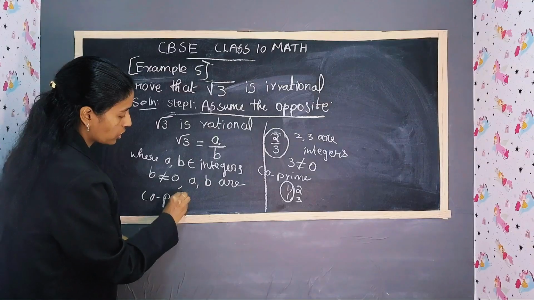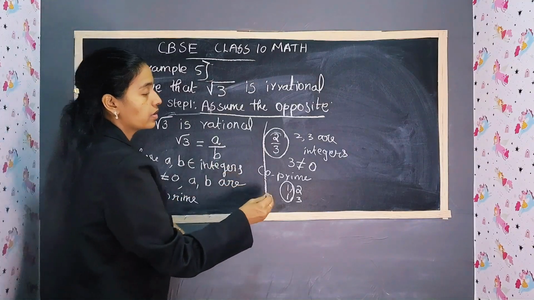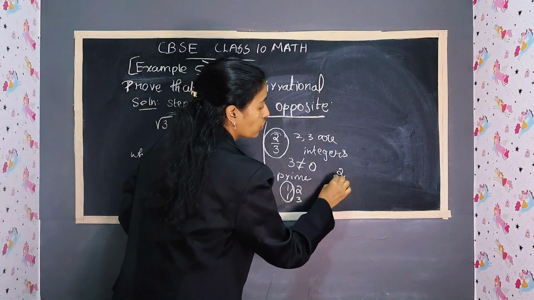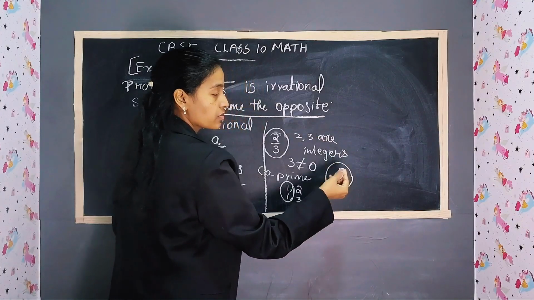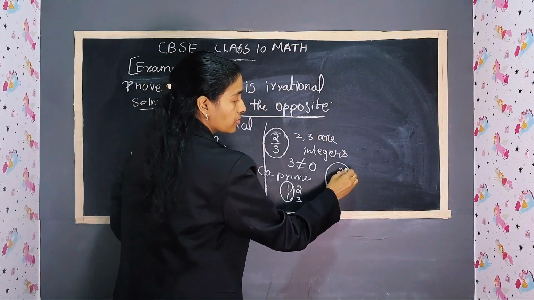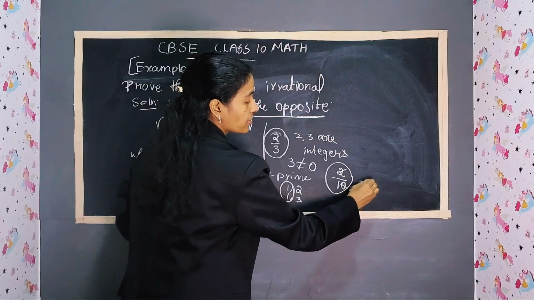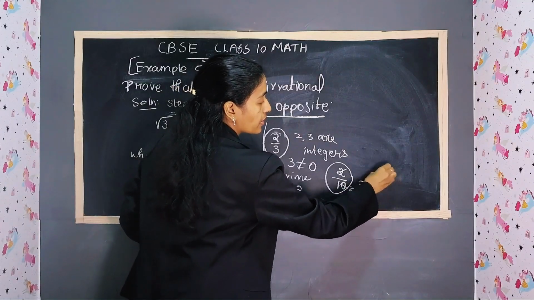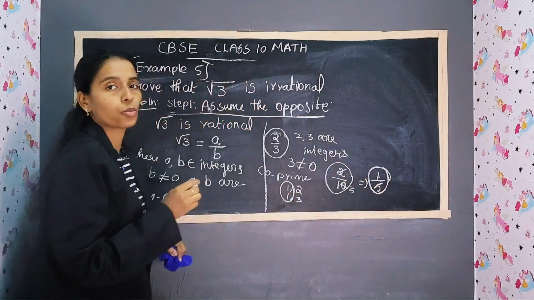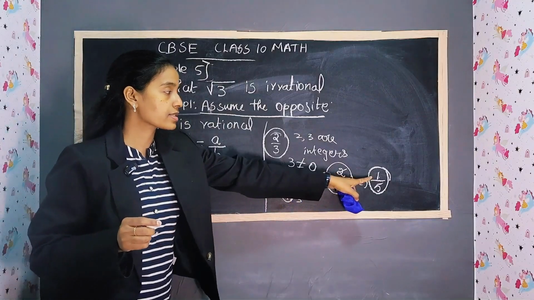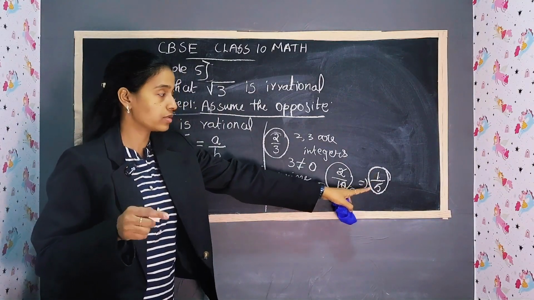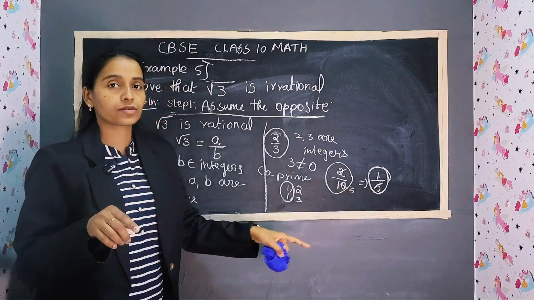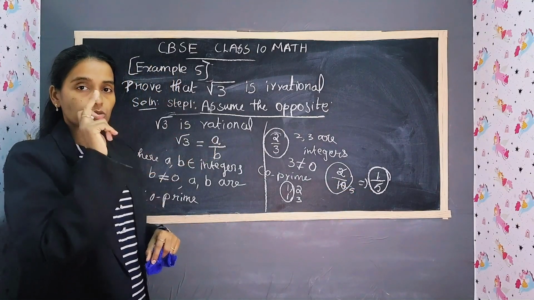You can take any rational number, like 2 by 10. We can simplify it: 1 by 1, 2 is 2, 5 2s are 10. Here 1 by 5, right? This 1 and 5 are also co-prime. Why? Because the factor of 1 is 1, and the factors of 5 are 1 and 5. So the common factor is 1.